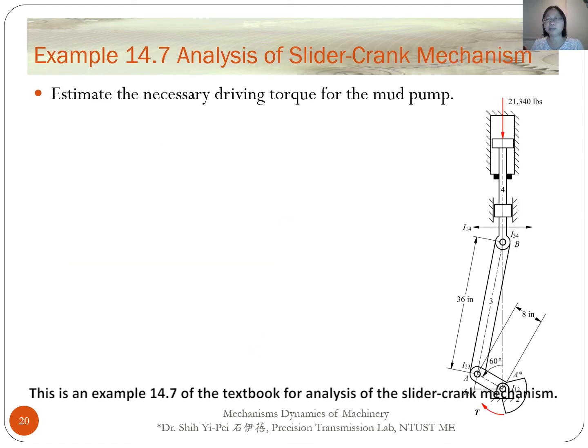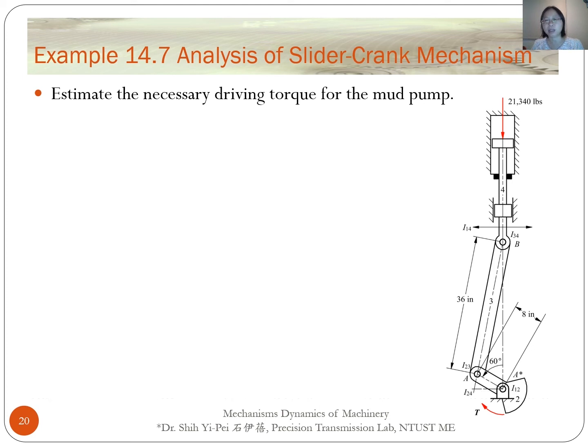This is example 14.7 of the textbook for analysis of the slider crank mechanism. In this case, the piston rod force can be considered to act at point B on member 4, and the driving torque acts on member 2.